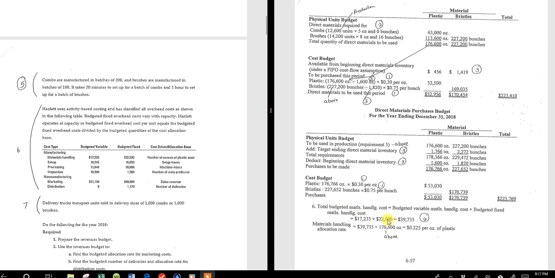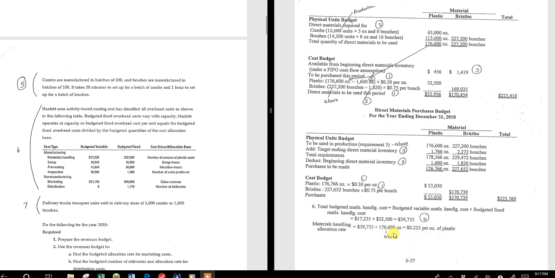So I have my two costs, just estimated overhead is 39,735 divided by your estimated ounces of plastic used, not purchased. I would have grabbed that one, but I want used, so I have 176,600. So I get 0.225 per ounce of plastic.